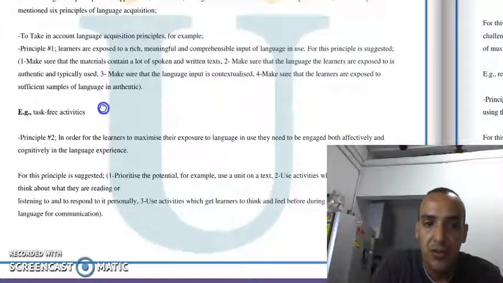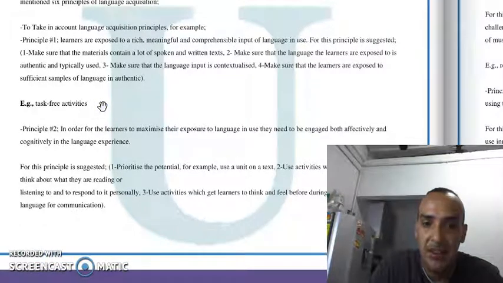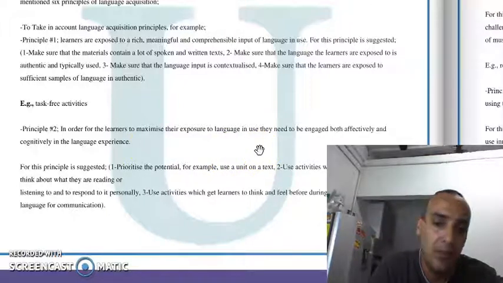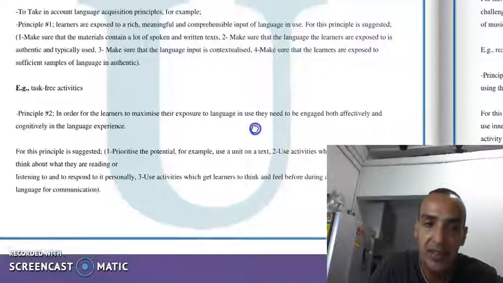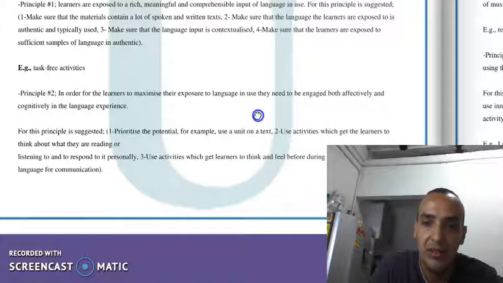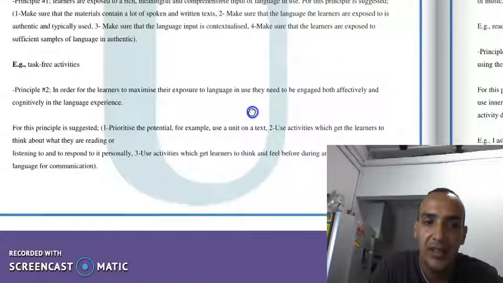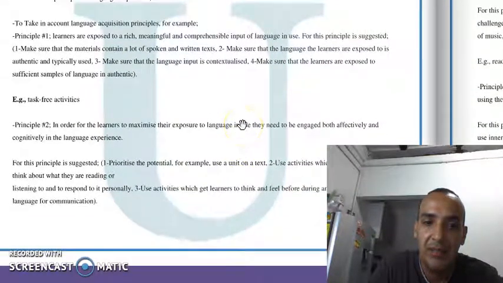In order for the learners to maximize their exposure to language in use, they need to be engaged, both affectively and cognitively, in the language experience. So in this case, it's very important to prioritize the potential.